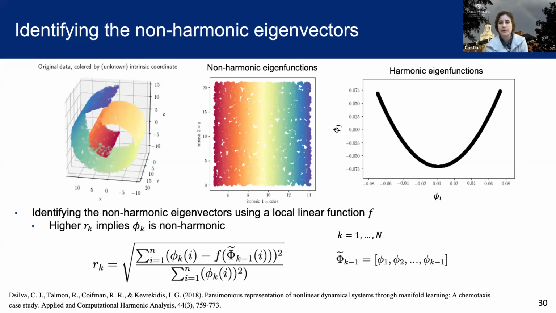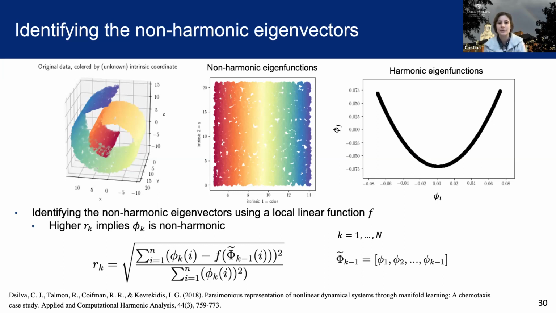So a more quantitative approach is to use an algorithm that was developed in the group to identify these non-harmonic eigenvectors. Essentially, a local linear function is used to fit each diffusion map coordinate as a function of previous coordinates. If this diffusion map coordinate can be accurately expressed as a function of the previous diffusion map coordinates, then it's not a new direction in the data set.